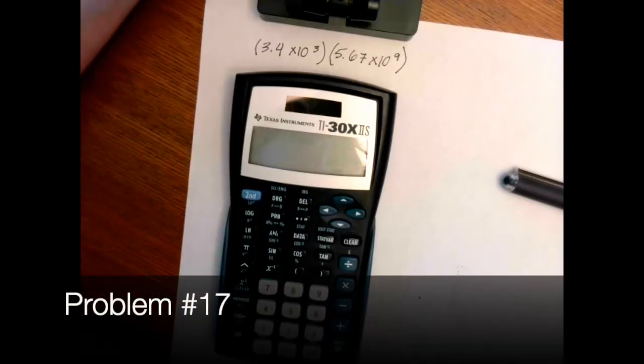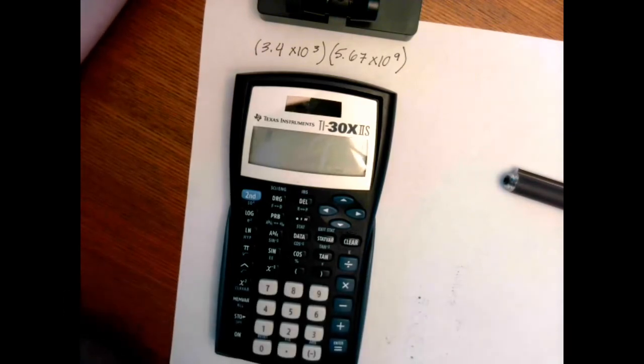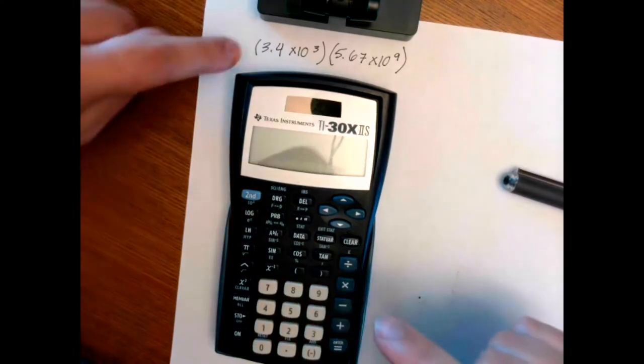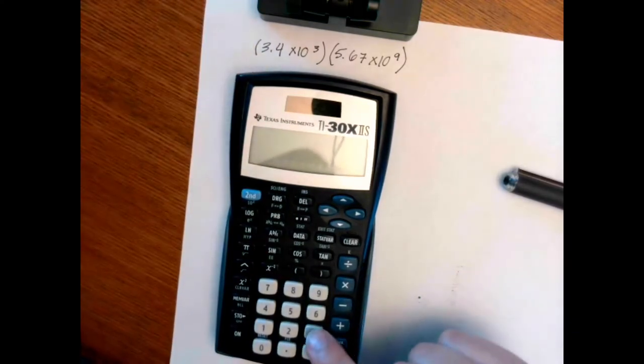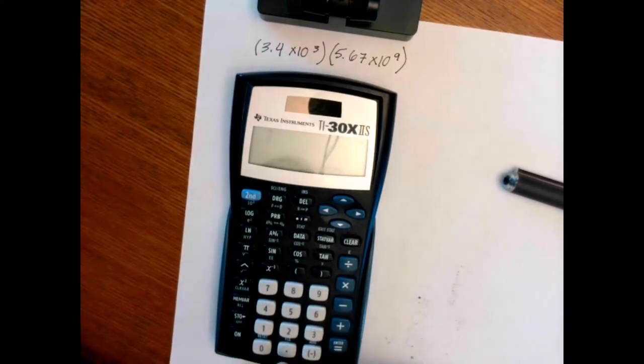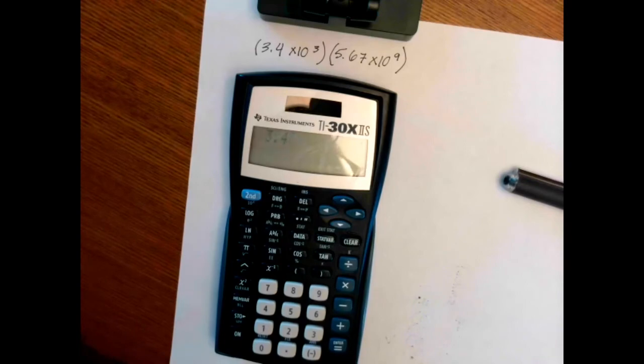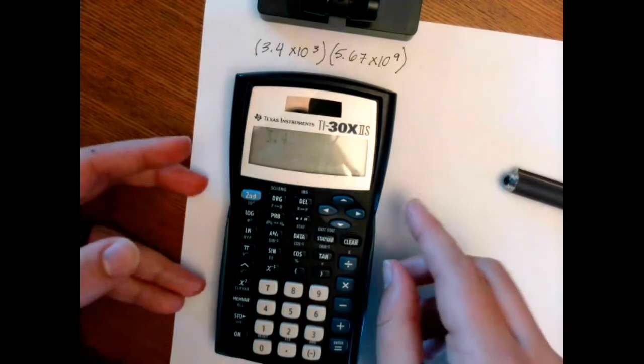So let's start with this first problem. We have 3.4 times 10 to the 3 multiplied by 5.67 times 10 to the 9. So let's start with our first number to put into our calculator. I'm going to go 3.4, and now I have to see how do I put in this times 10 to the power of.